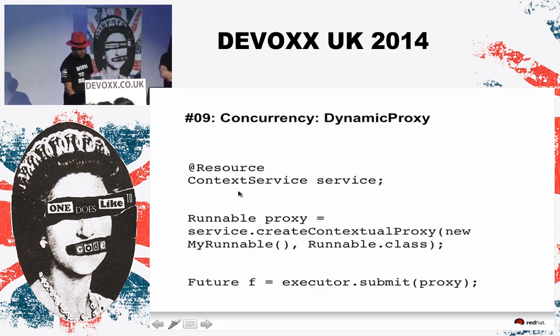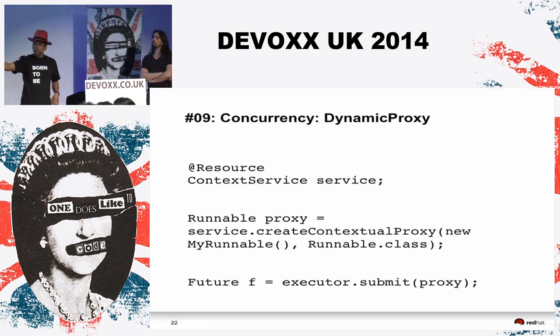I'm going to inject a context service. I'm going to get my contextual proxy from the context service. I'm going to create a contextual proxy. And to the contextual proxy, I'm going to say, okay, you know what, this is the object where I want to have all the context available. So you can literally assign that context or pass that context to any random object. And in that random object, you can start doing JNDI lookup as if you were in the container itself.